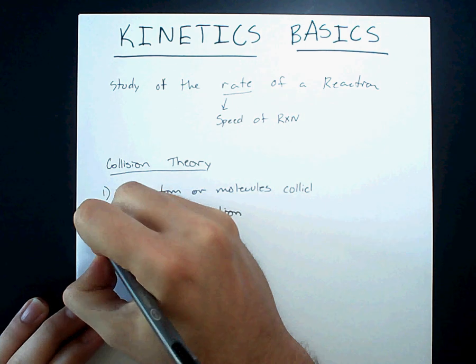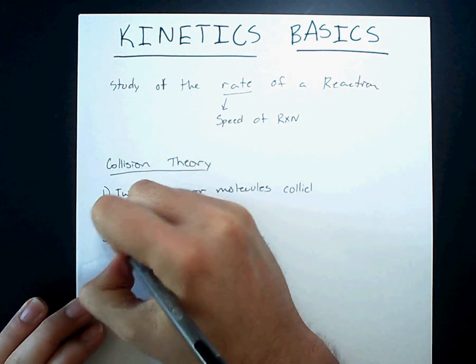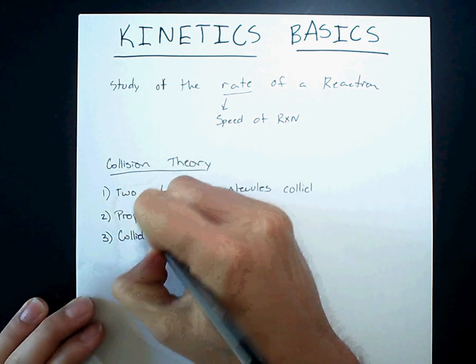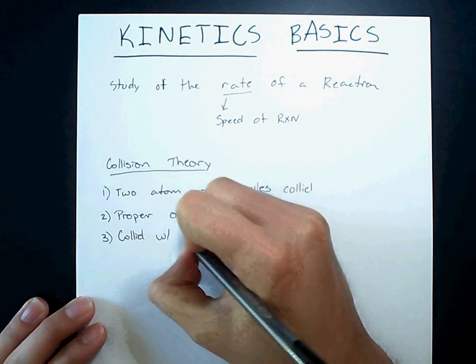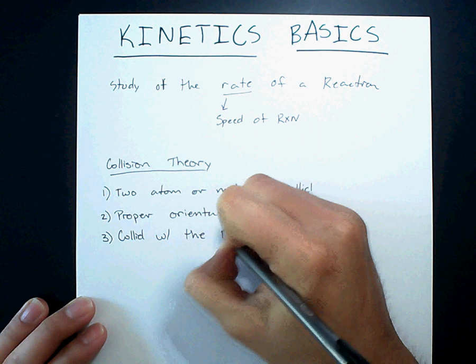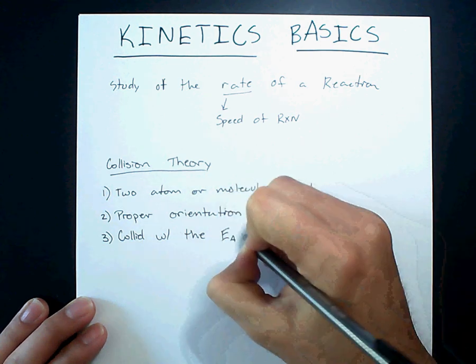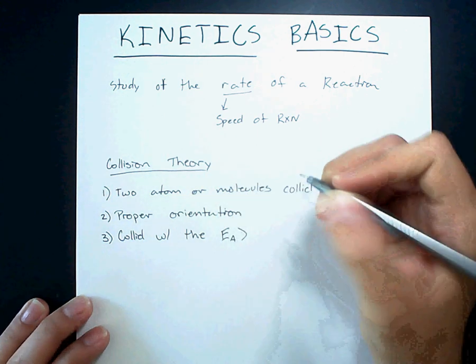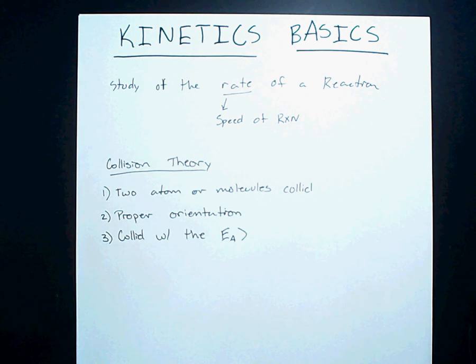And then the third thing is they have to collide with the activation energy, E sub A, or greater. So we have to have enough energy, or greater than the activation energy, when they collide.